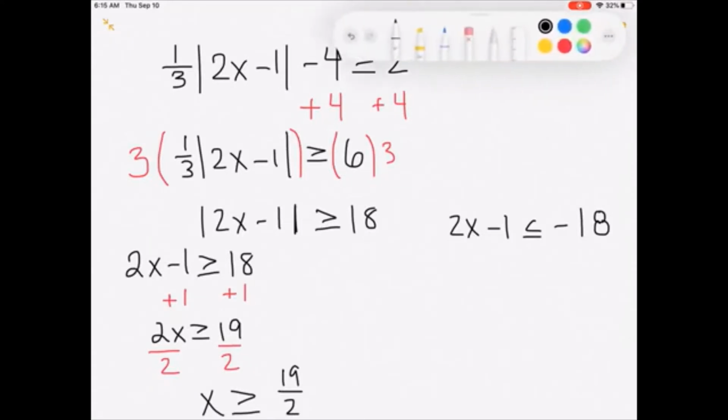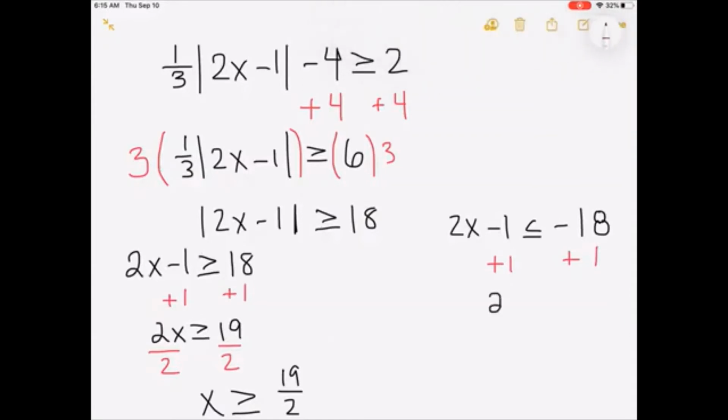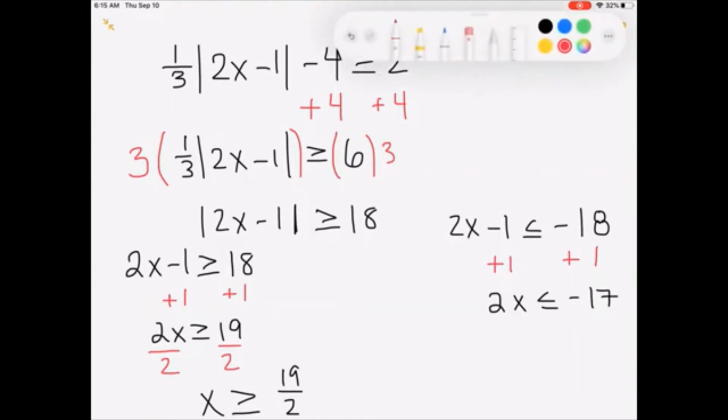The other possibility is over here on the right. Same thing, I'll add 1 to either side. That leaves me with 2x is less than or equal to negative 17. And then again, I can divide by 2.